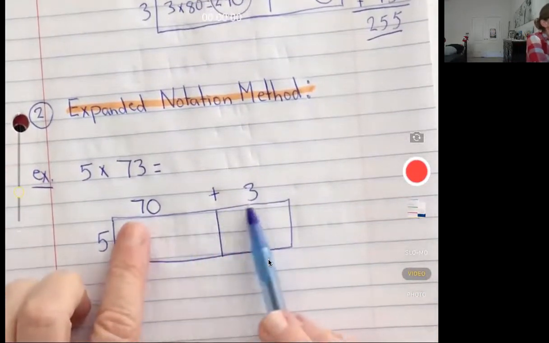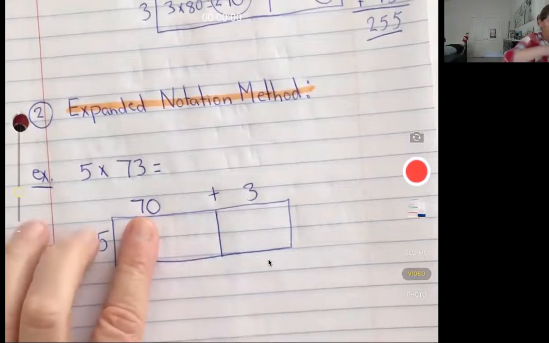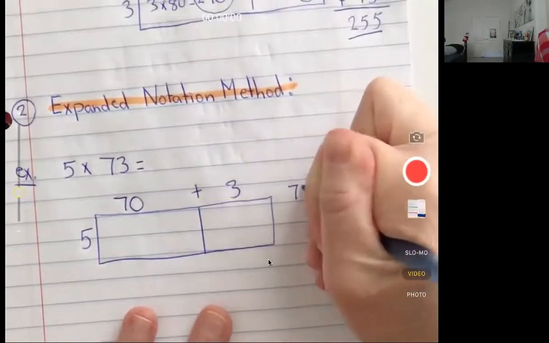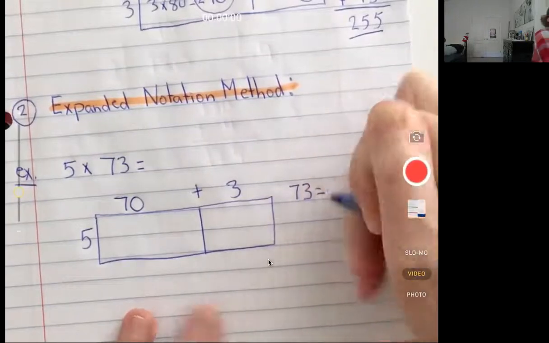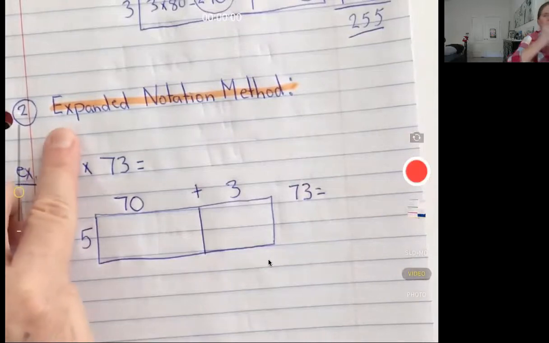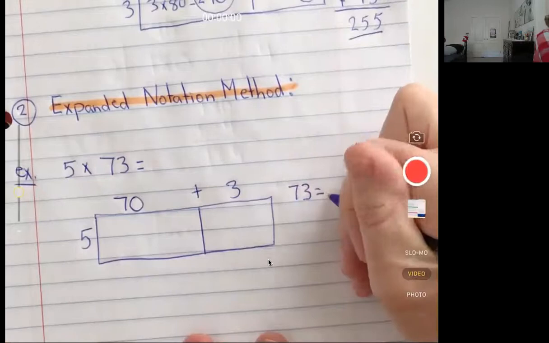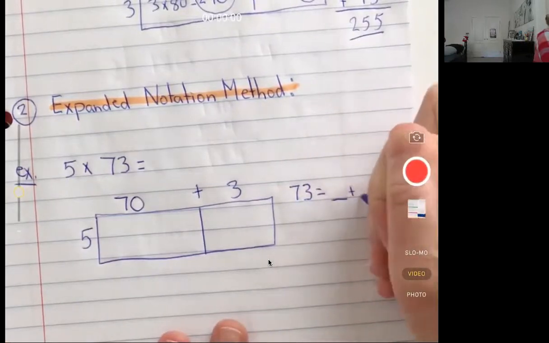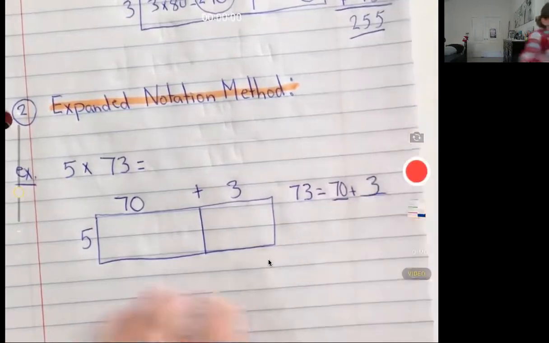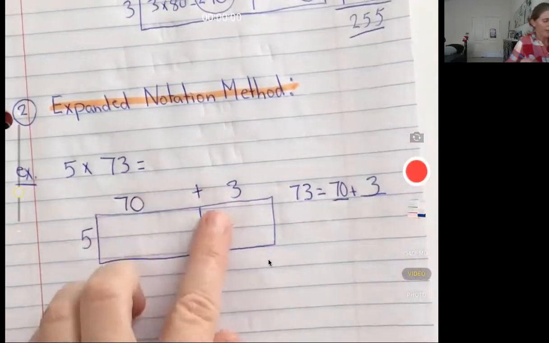The first thing that I'm thinking about is 70 plus 3, okay? So that makes 73. So I'm just breaking this down is basically what I'm doing. That expanded just means let's stretch it out, okay? So 73 equals 70 plus 3. That's what I'm showing right here.